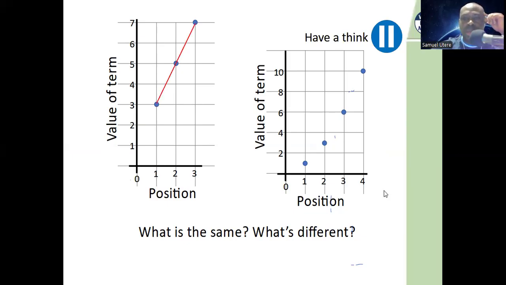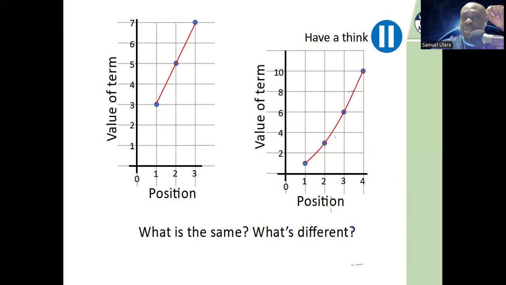You can see that this one, the line is straight. And this one, the line is curved. Now take note, that's not the main thing, because there's something we're getting at here about how to differentiate. I'll let the cat out of the bag anyway: how to tell when a sequence is actually linear and when it's not.